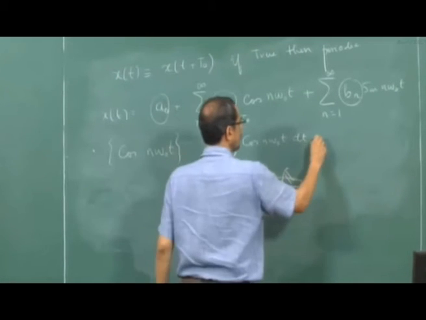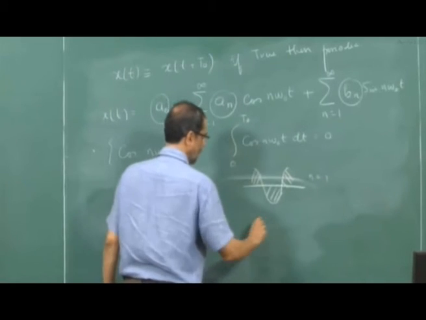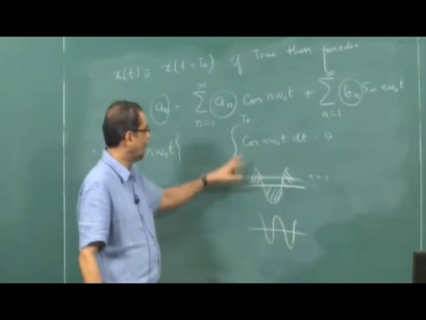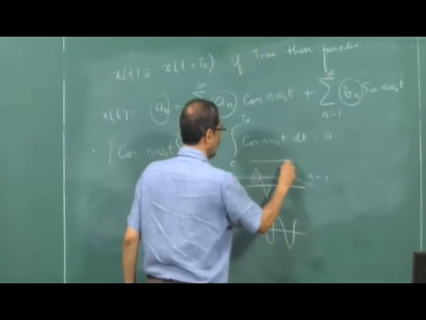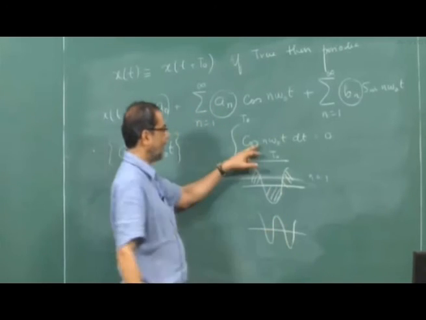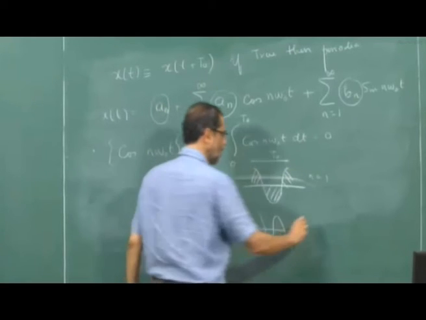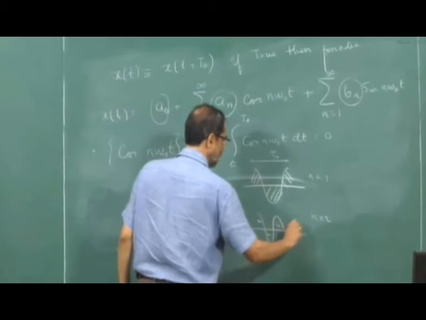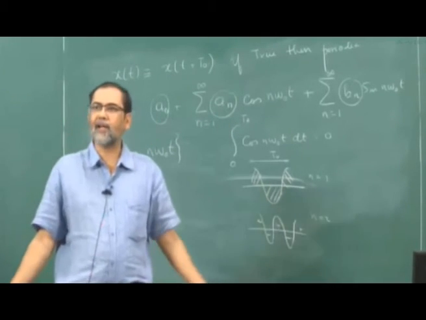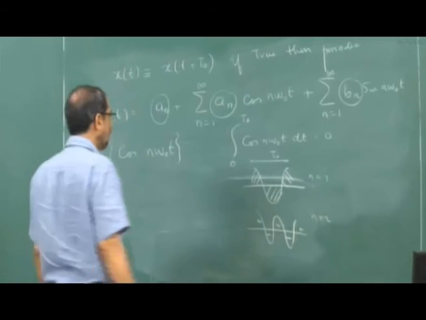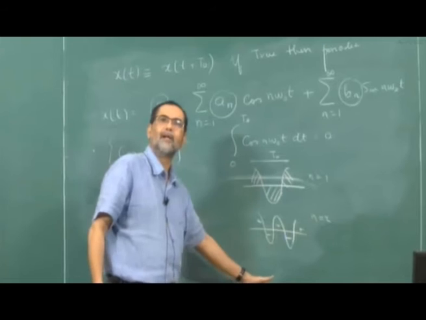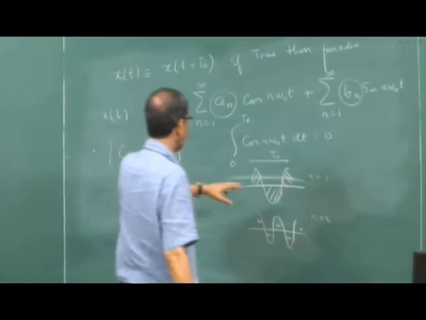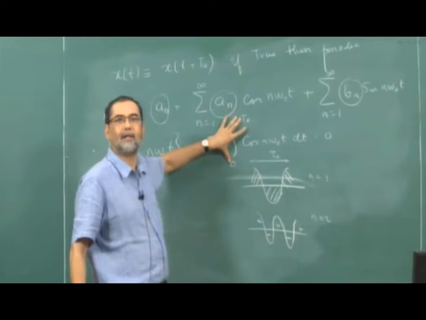So this integrates to 0 for n equal to 1. n equal to 2, 2 cycles in one period t naught. n equal to 1 is 1 cycle, area under that is 0, n equal to 2 is 2 cycles, area under that is 0 because this is negative, this is positive, and positive will be equal to negative. Similarly, you can go on looking at it for all values of n, 3, 4, 5, area under the curve will be equal to 0 as long as we integrate over one period.